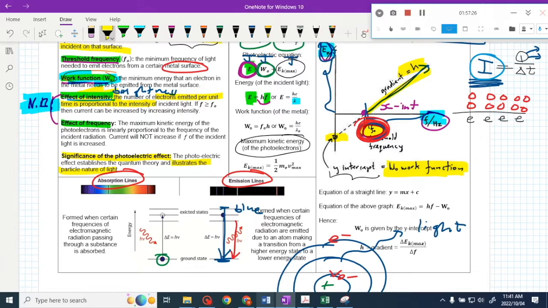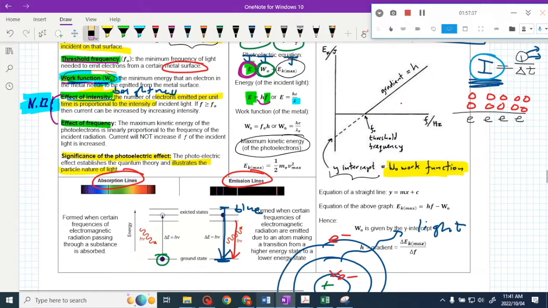Now, if you would like to increase the kinetic energy, not the current, but the kinetic energy of the photoelectrons, in other words, let them be emitted faster, you will increase the frequency.